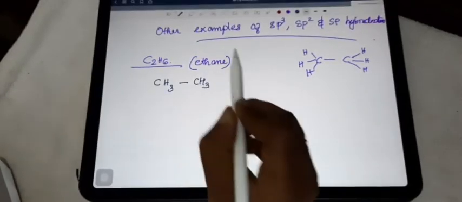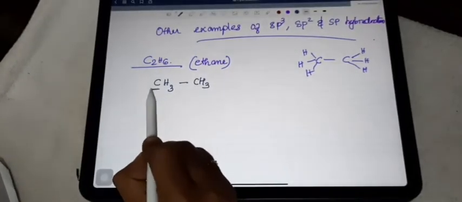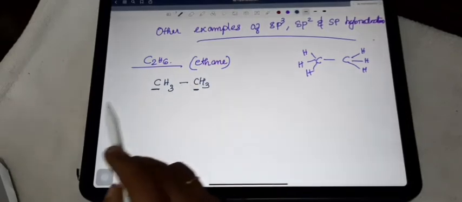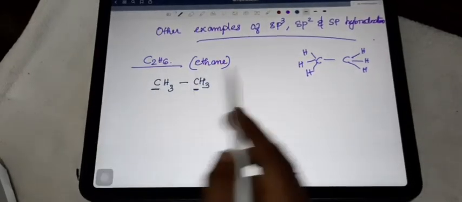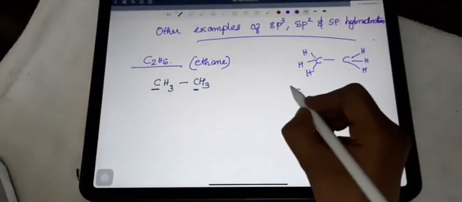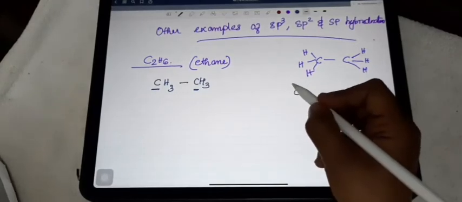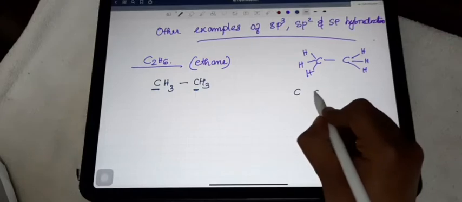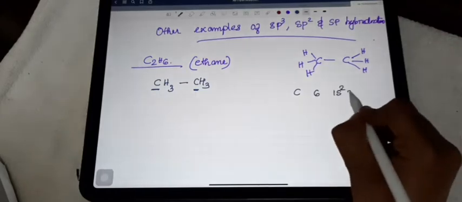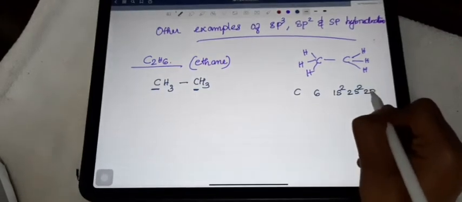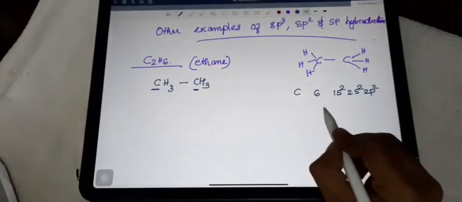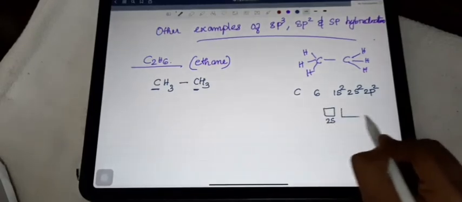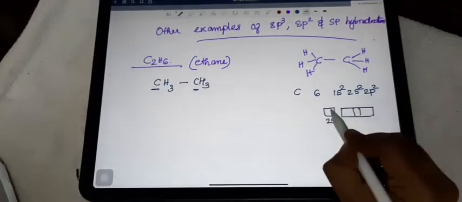This is the simplest form. So the 2 carbons are here, carbon 1 and carbon 2. Each carbon has to be considered in this type of hybridization. Carbon, as you know, has atomic number 6, and the electronic configuration is 1s2 2s2 2p2. So the outermost electronic configuration we can write like this.